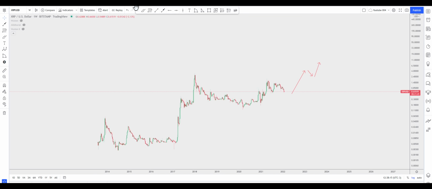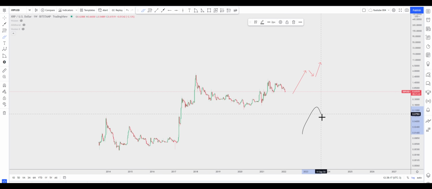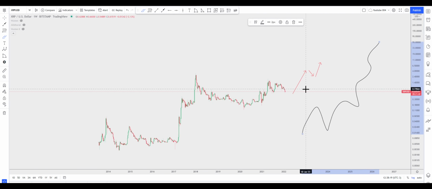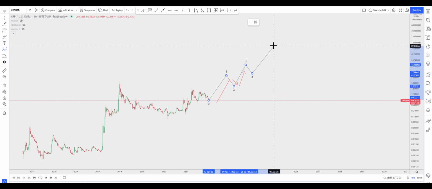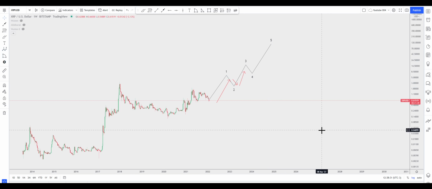First thing, this is the jumping Elliott, drawing lines into the future. So like this. Imagine I am claptrapping. Oh, that's how XRP is going to behave. This is not Elliott Wave theory. This is nonsense. This is not how Elliott Waves work.